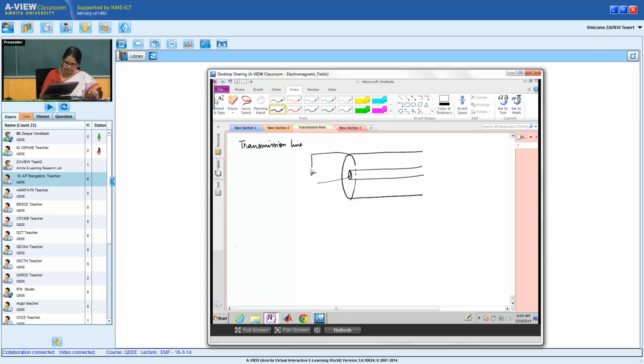To keep it simple, let's do this as a DC voltage.